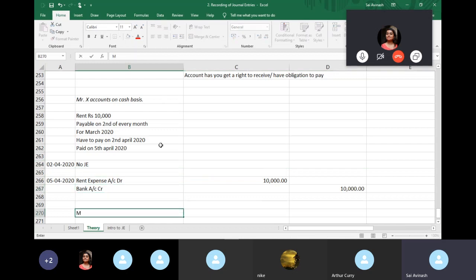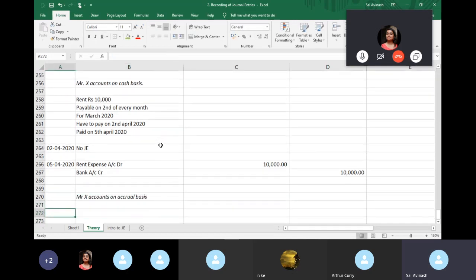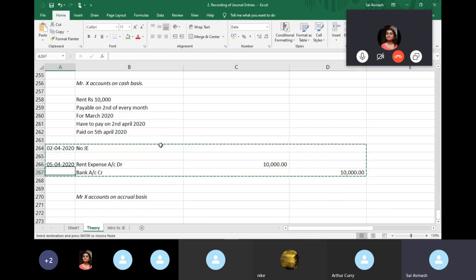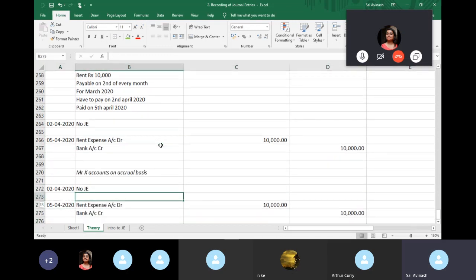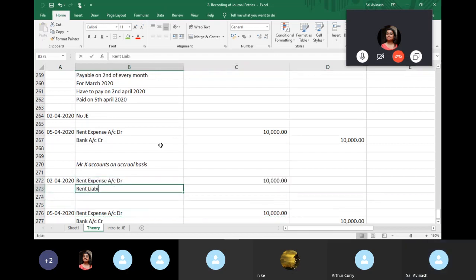Let us say the same Mr. X accounts on accrual basis, which means he respects the rules of business. He will show that on 2nd April he owes rent.